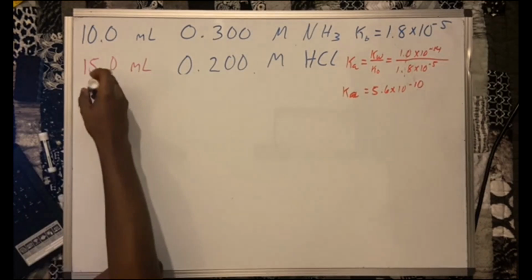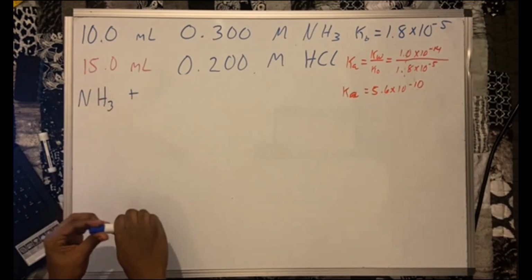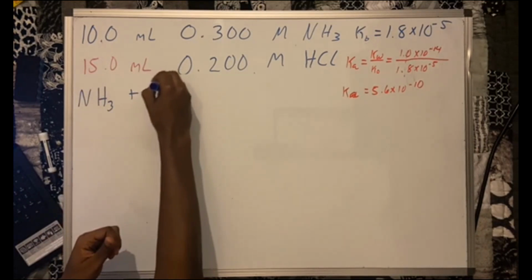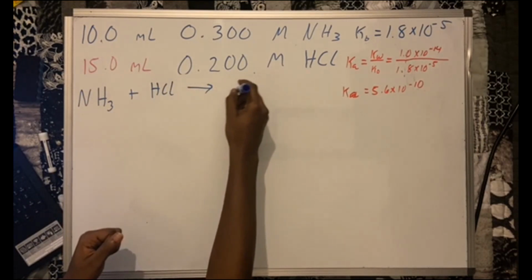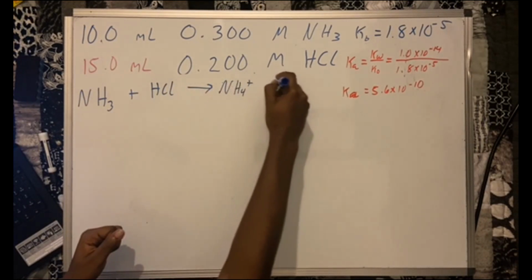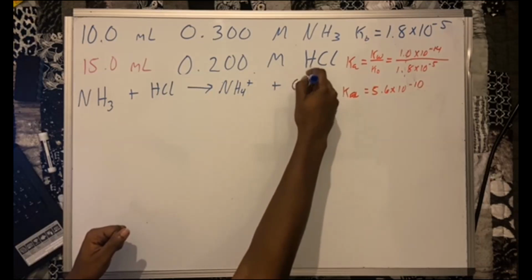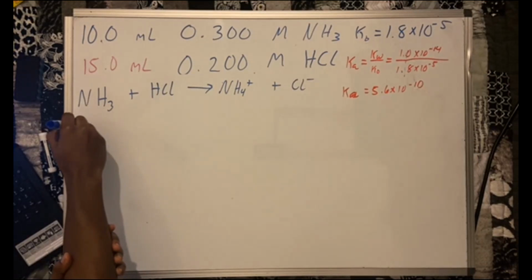Okay, NH3 plus HCl. I don't care about states. It's going to be the same thing. Goes to NH4 plus Cl minus. Okay, so my moles of NH3 is going to be the same as last time.